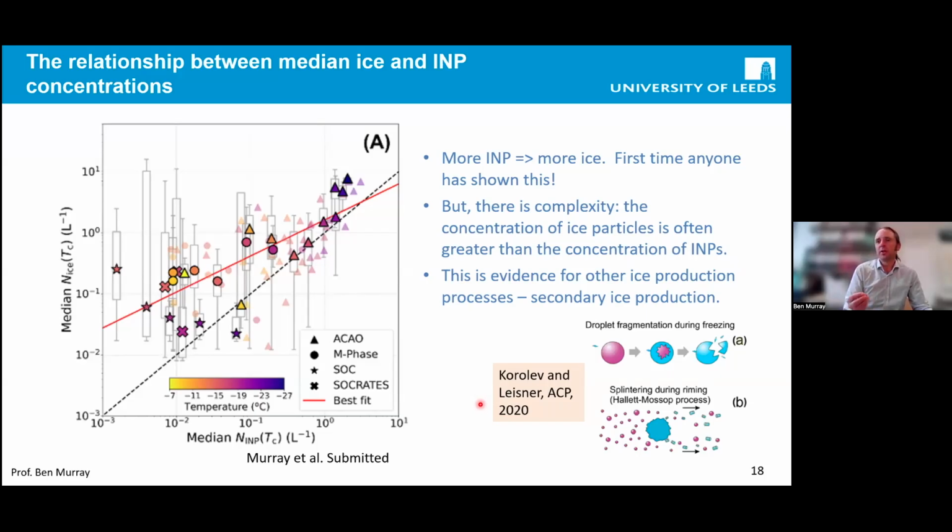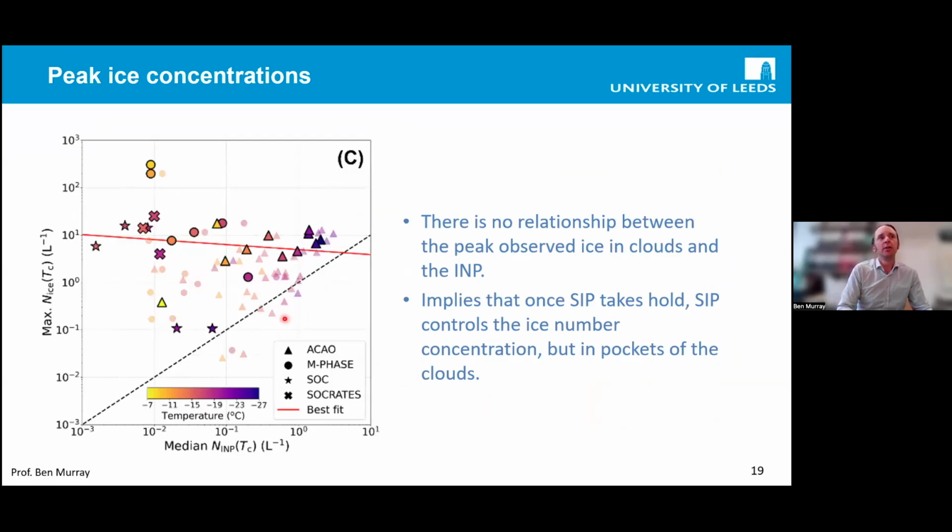The other thing I think to notice in some of the older literature is that people really focused on the peak concentrations that they saw anywhere in a cloud. And if we plot our M phase and ACAO data according to that criterion, so we just plot the maximum ice concentration anywhere in the clouds that we observed, we essentially lose any relationship to the median INP concentration. So there's no relationship between those peak concentrations observed and the INP.